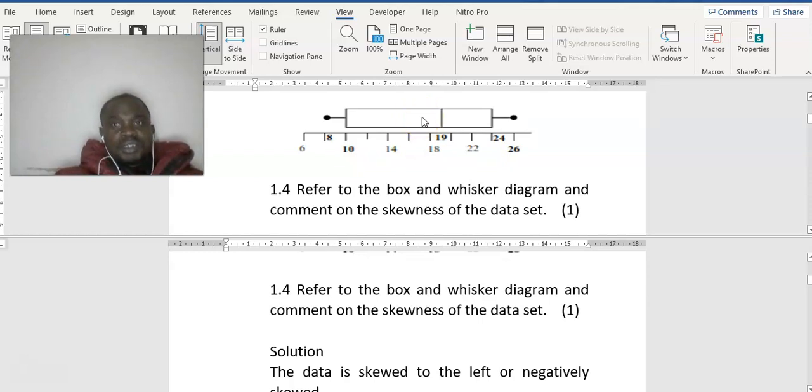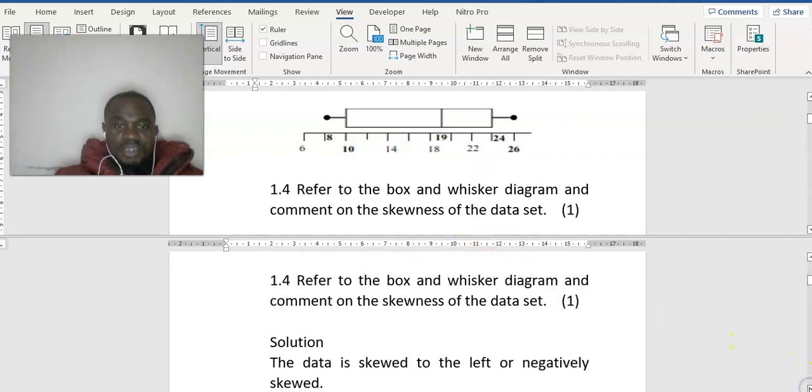If it is bigger on the left than the right, it means it's skewed to the left. In other words, it's negatively skewed. If it is bigger on the right, it means it's skewed to the right, and that is positively skewed. So this one is bigger on the left, so it's skewed to the left, or it's negatively skewed.